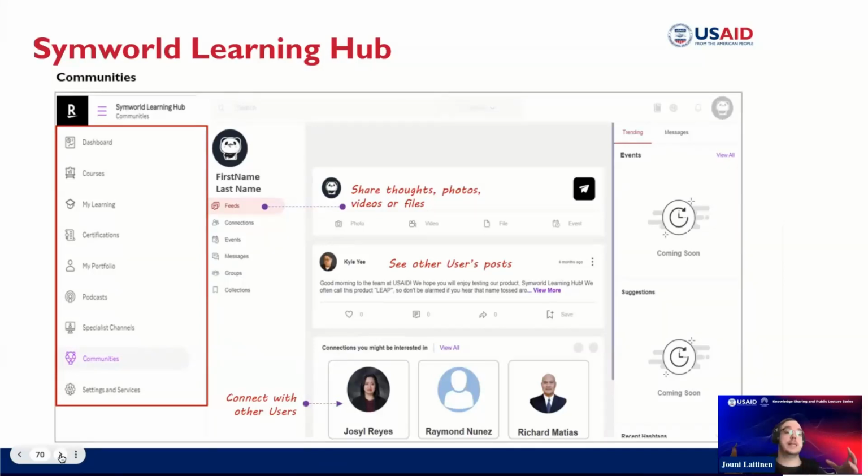This is basically your internal social network for the Asia Open RAN purposes. It will be a very nice place for you to share ideas on the courses, share feedback, and create communities for more specific niche purposes. Or you can even create communities on a course basis for those discussions.